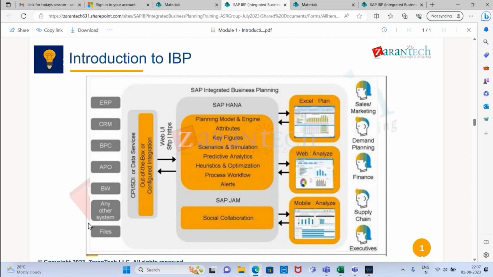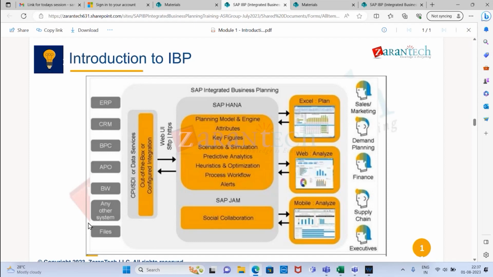And in the center, the box with light gray color, this is the IBP system. It takes the input from the various systems on the left hand side, processes the data in the central part, which is highlighted with the gray color, and on the right hand side it gives you the meaningful output.